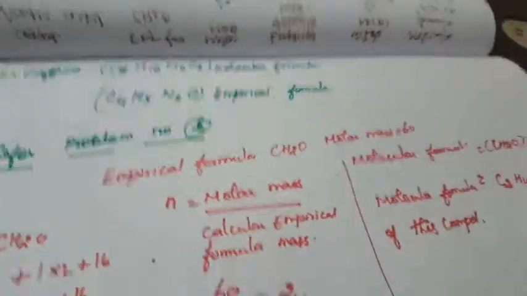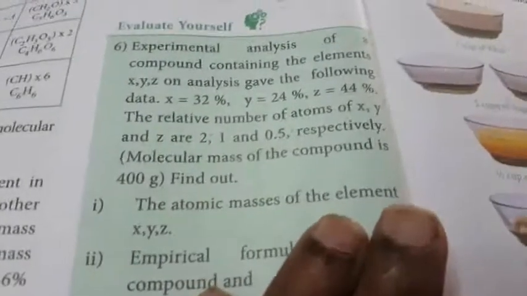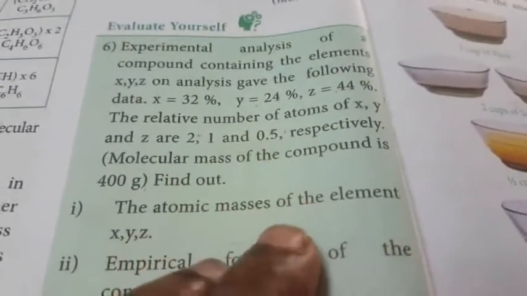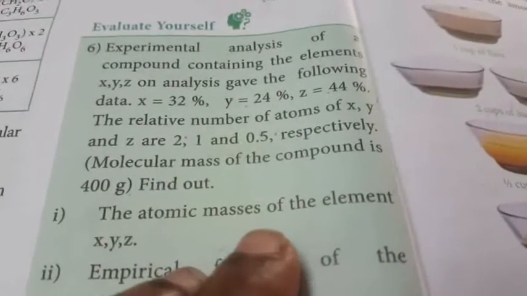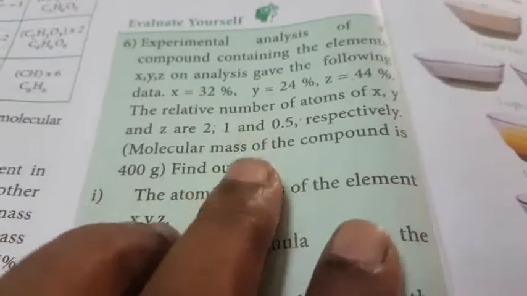This is the example. Next we are going to see evaluate yourself. This is the question. The experimental analysis of a compound containing the elements X, Y, Z gave the following data. The relative atomic numbers are already given.